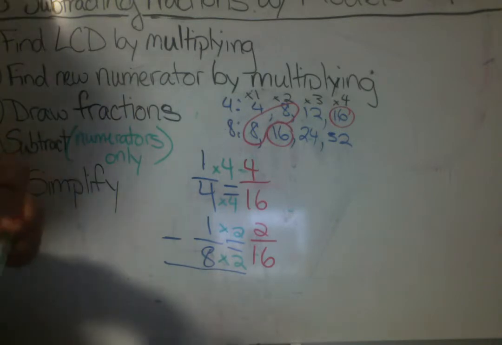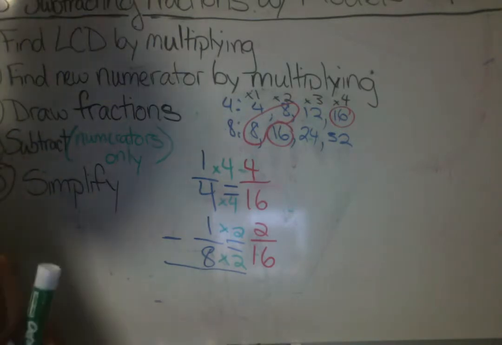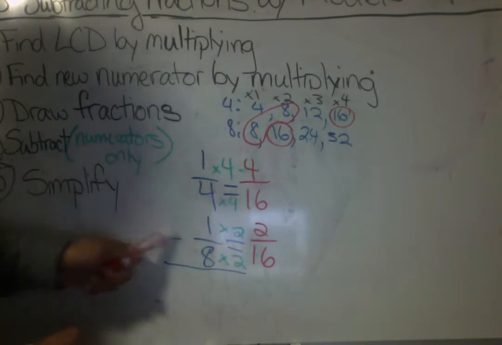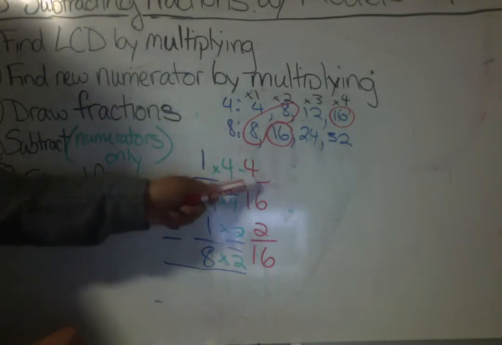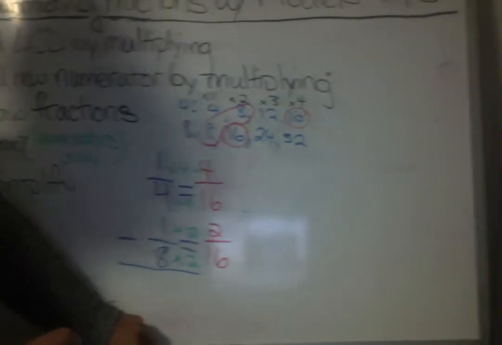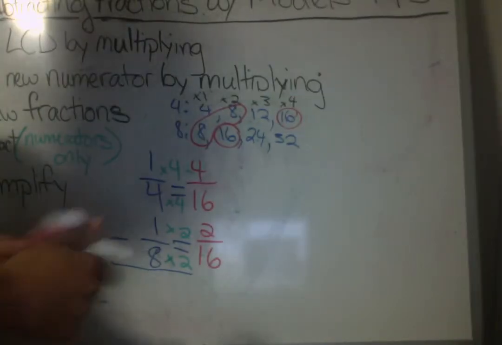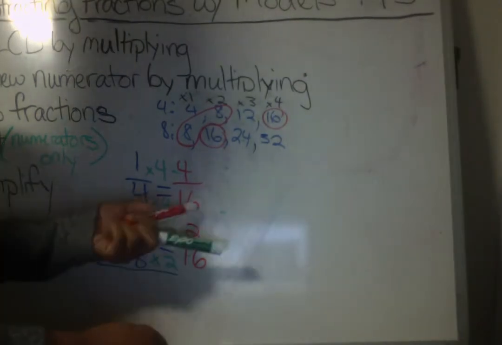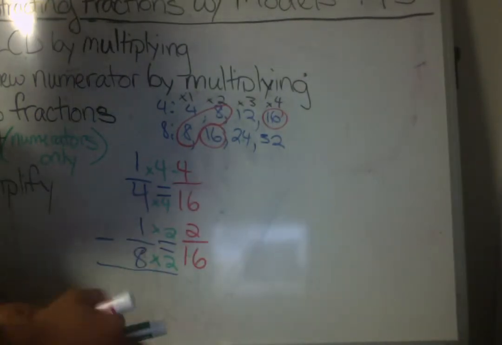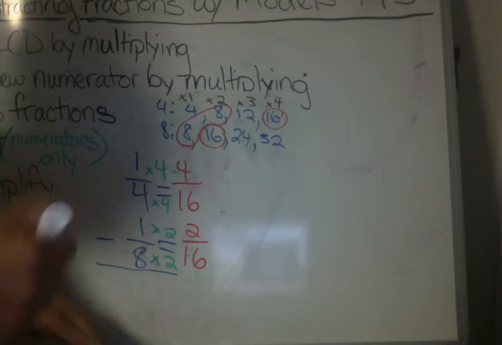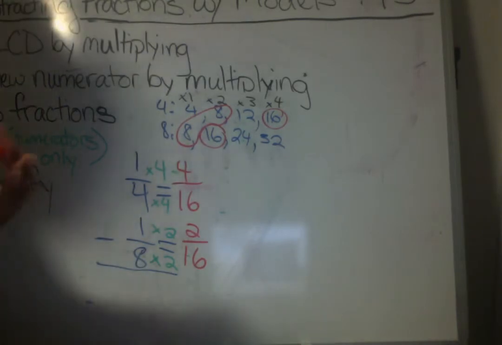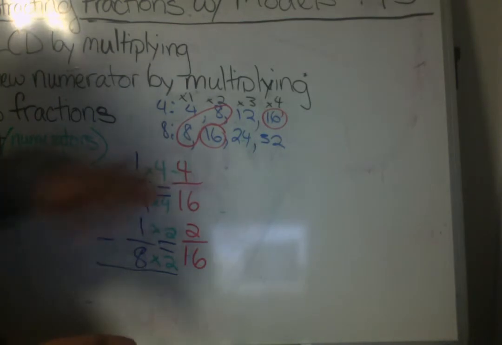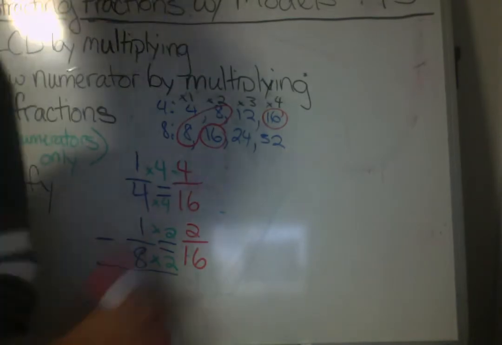Step 3, we are modeling, we are going to draw the fractions. I'm going to start with my top fraction. We are subtracting, so you want to start with the top one. Now I know I'm going to have a total of 16 pieces, but out of my 16, in this example, I'm only using 4.